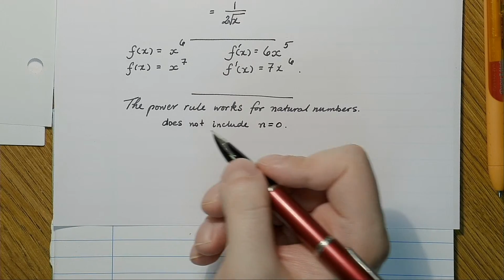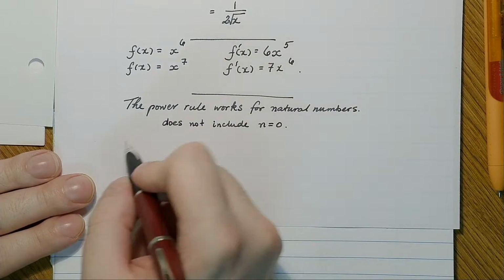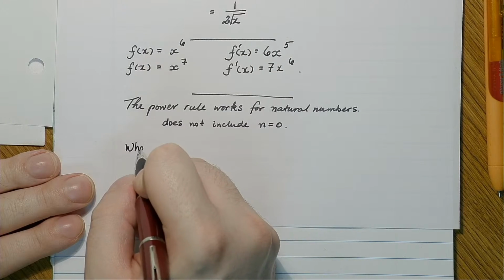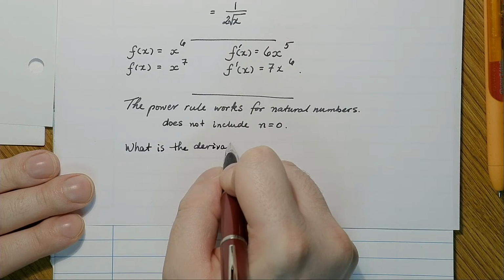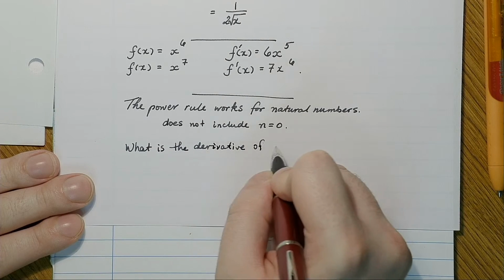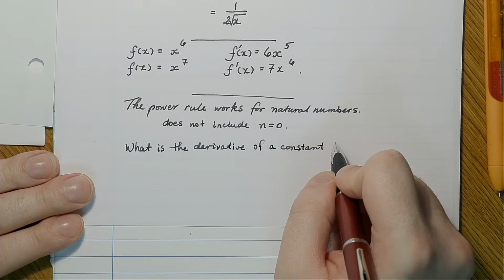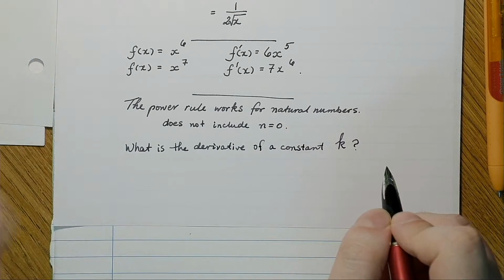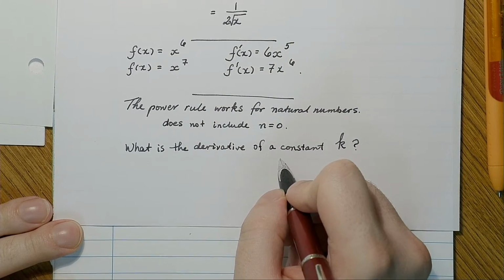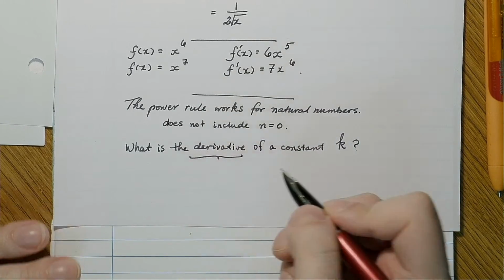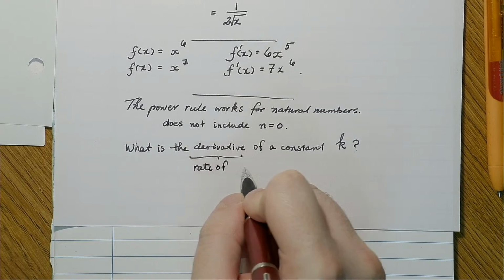Then what's the derivative of a constant? And you can put a letter, let's say k or whatever, c. But what is the derivative of a constant? Remember, intuitively, a derivative is a rate of change.